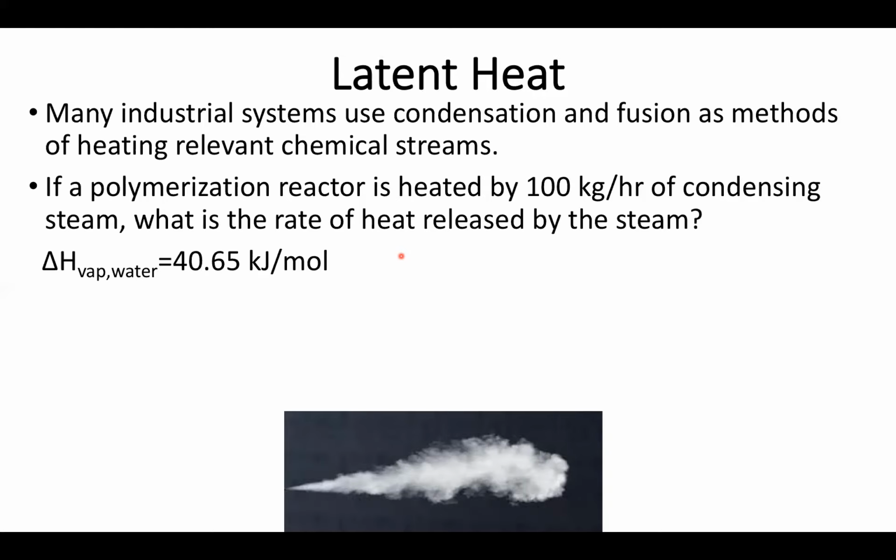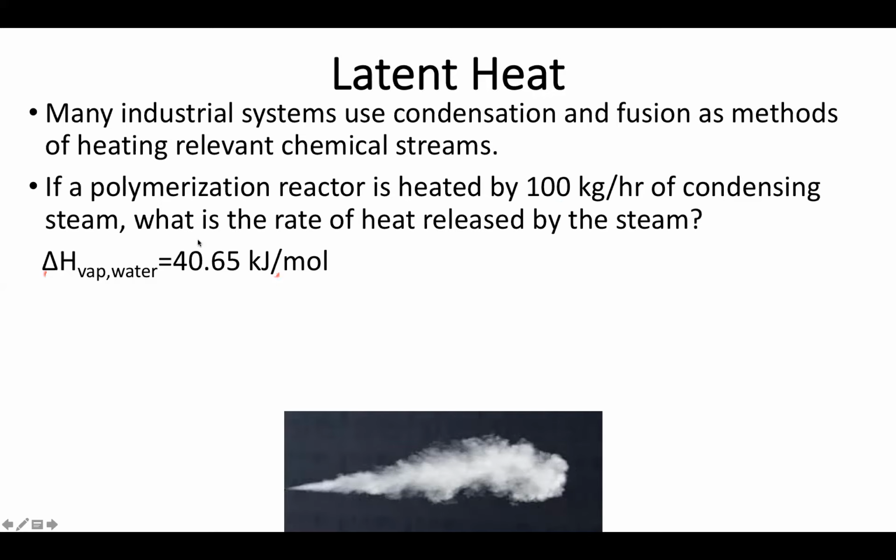So I'm going to put in high temperature steam, and then I'm going to end up with a water stream coming off. Well, if I'm going from steam to water, that means I lost energy. And that lost energy is going to go into heating my reactor. So I want to figure out, if I'm driving through about 100 kilograms of steam per hour, how much heat am I putting into the reactor itself?